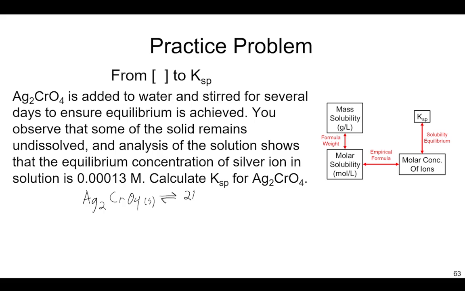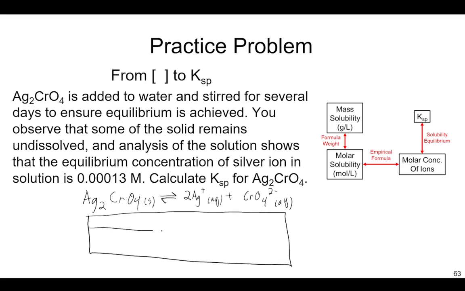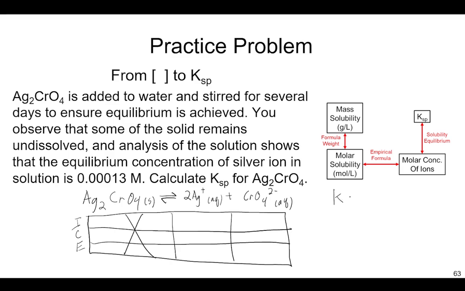It's going to break apart into 2 silvers, aqueous, and 1 CrO4 2 minus, aqueous. Write a reaction, write an ice chart. Left side of the reaction in that ice chart is a solid, so we don't need to keep track of it. We can also write an expression based on that reaction for KSP.